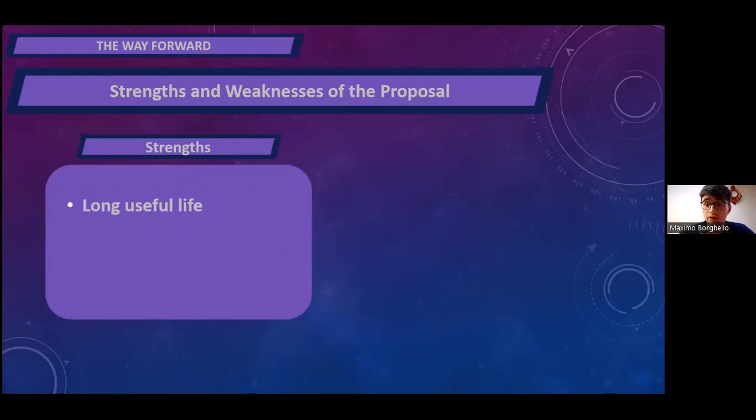The second one is the low maintenance needed over time. The third strength is the use of local materials because that helps with sustainability, and also it has better load transfer, so it makes a more robust structure.